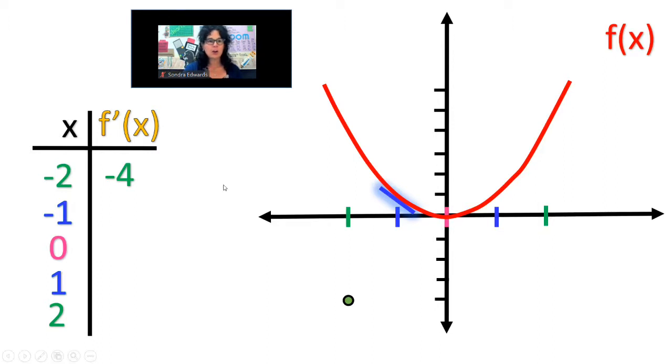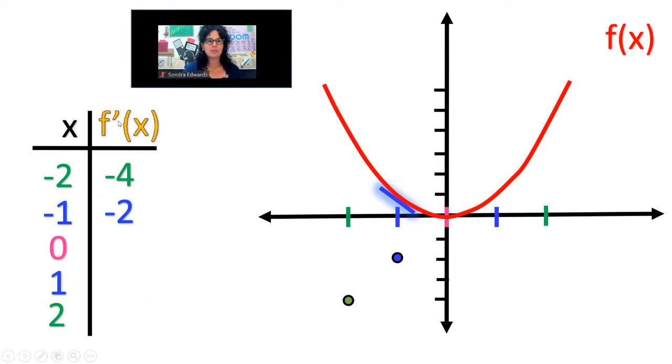So if we called at -2 the slope -4, I just need to make sure that whatever I decide this one is, that it is less negative. So I'm going to say the slope there at -1 is about -2. Looks about half as steep to me. All right, so then I have another point that I can plot for f prime of x, which is -1, -2.